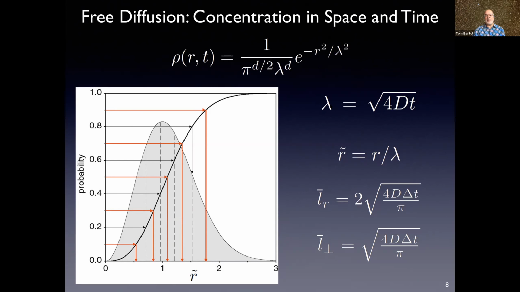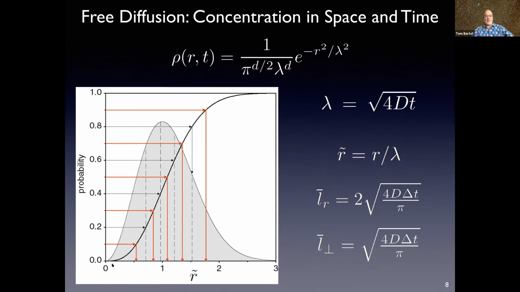And if we look at the solution to this equation and divide through by lambda to turn our radius into a dimensionless radius, r tilde, then we can plot this equation in this dimensionless space.